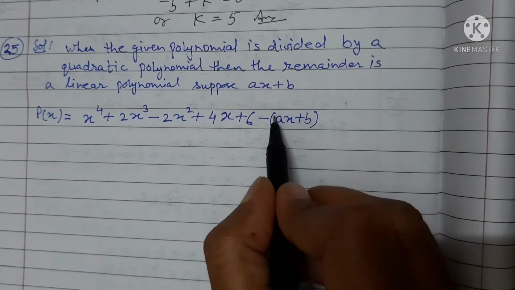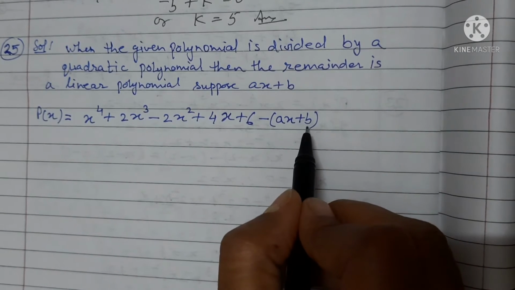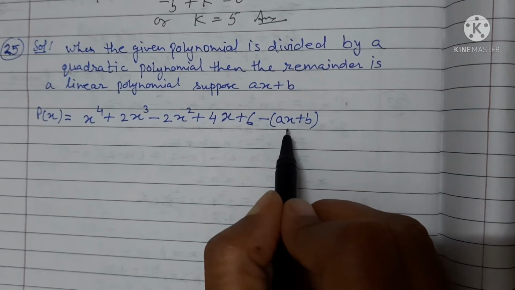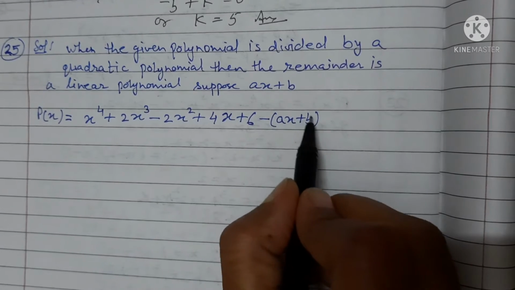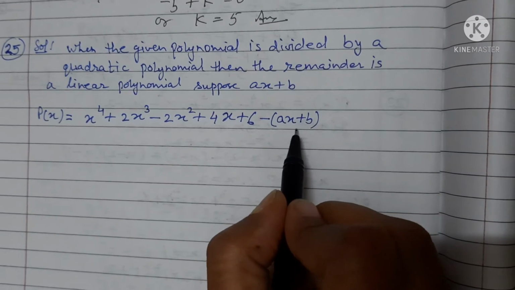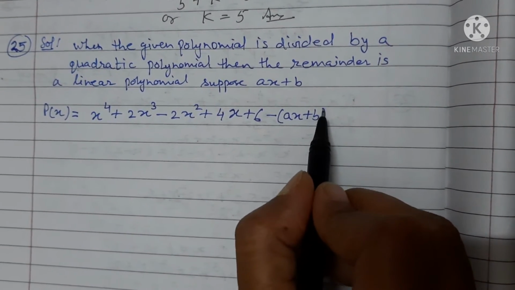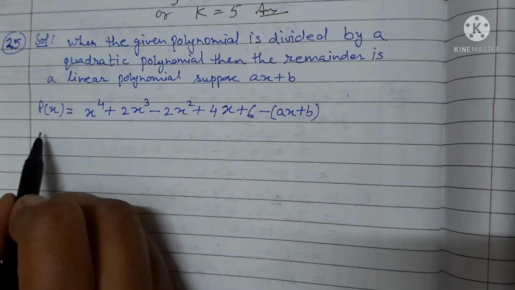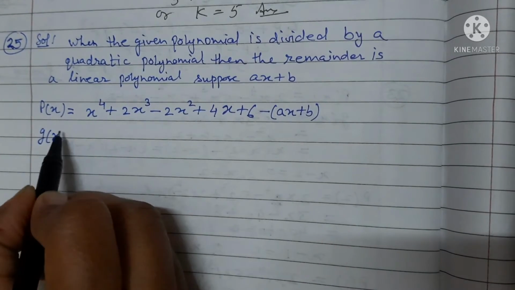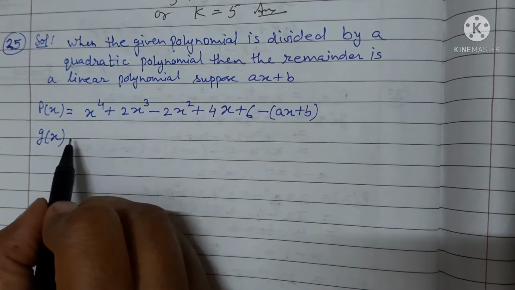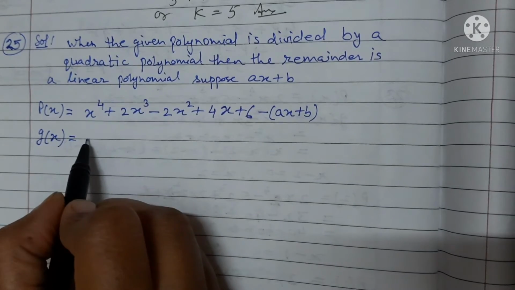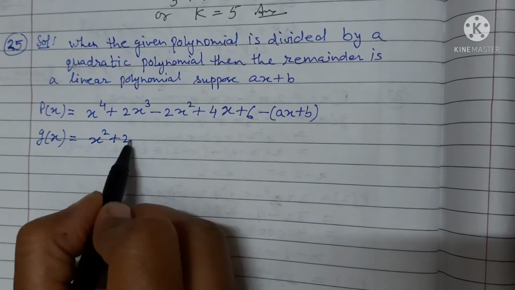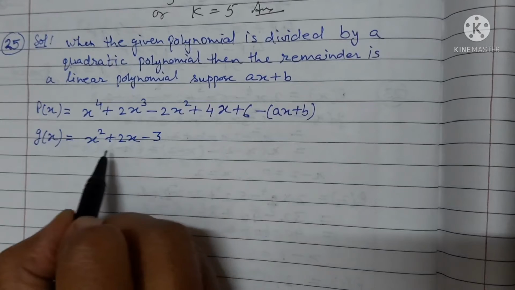because we have to subtract ax plus b, its degree should be less than the degree of the divisor polynomial, and our other polynomial is g(x), which is in the form of a quadratic. It is equal to x square plus 2x minus 3.